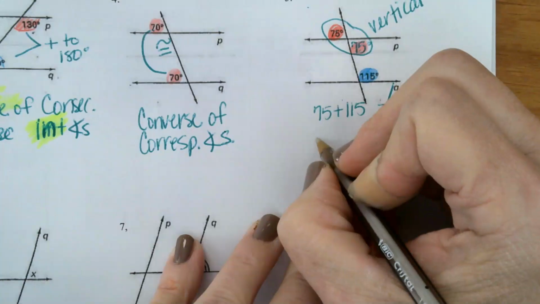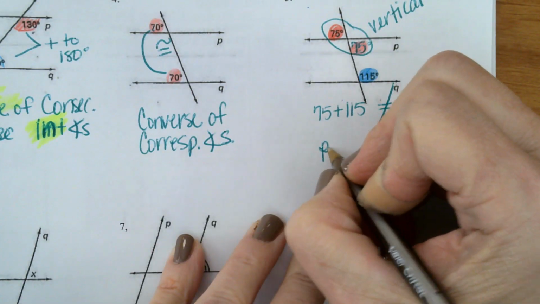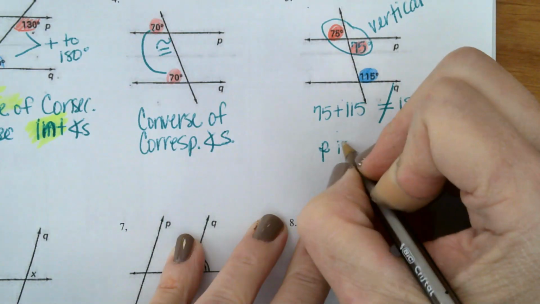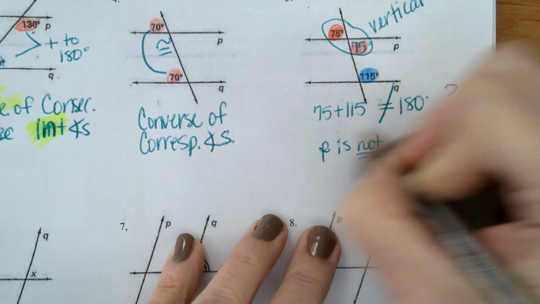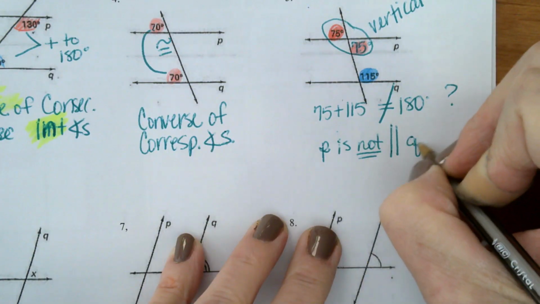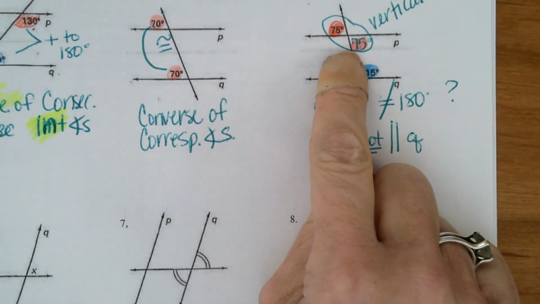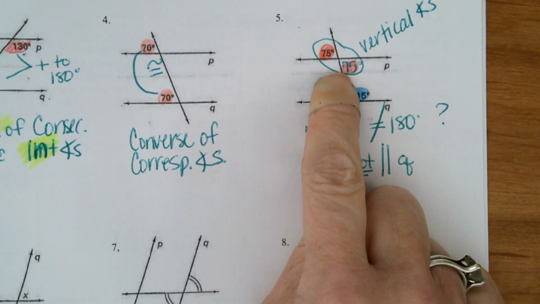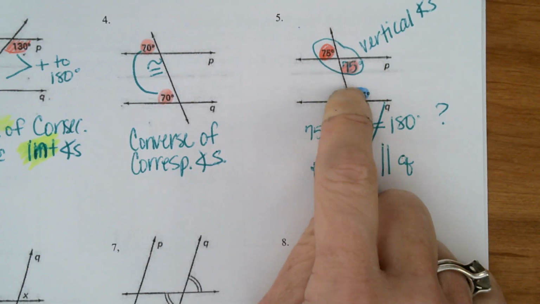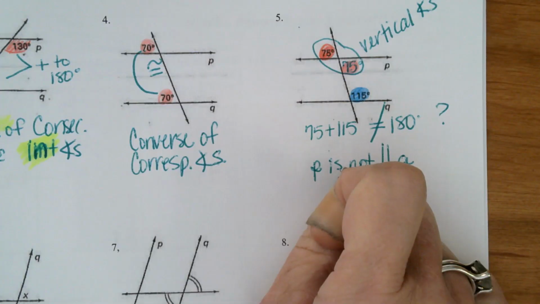So that means that line P is not parallel to line Q. That's what that means. The converse doesn't hold true. The 75s are absolutely true, but because these two don't add to 180, the lines are just intersecting. They're not parallel.